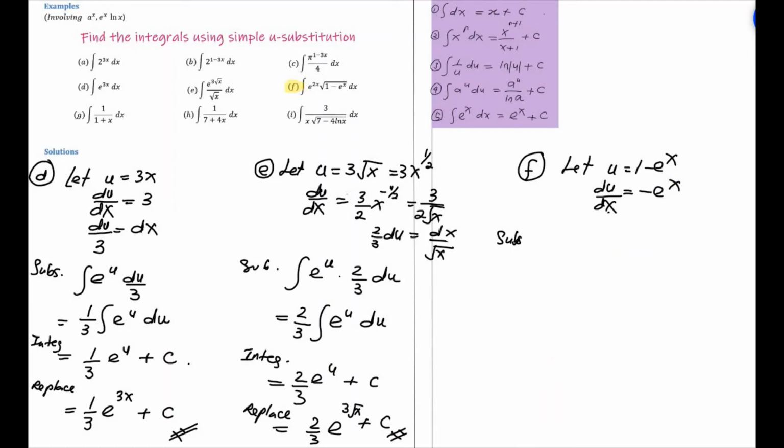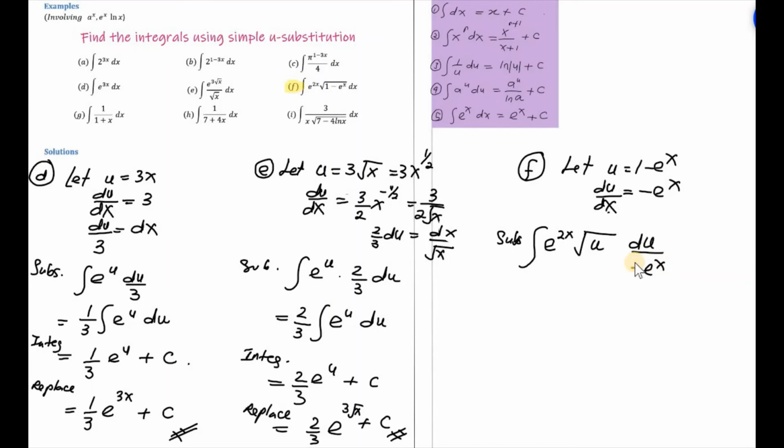Okay, so let's substitute everything in terms of u. Do we manage to get everything in terms of u? E power 2x, we have u, and what is dx? As we're rearranging it, dx is actually du over negative e power x.